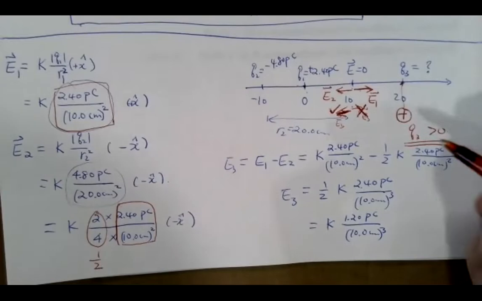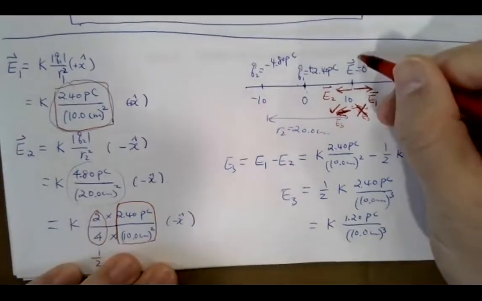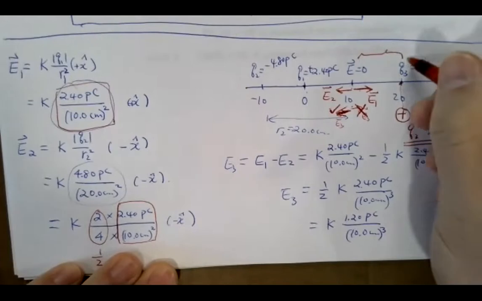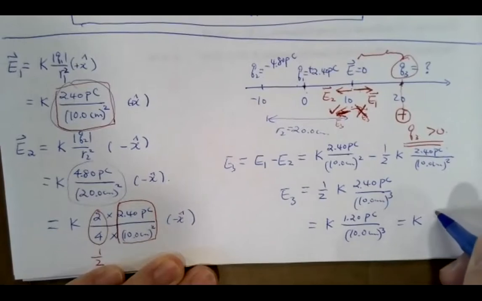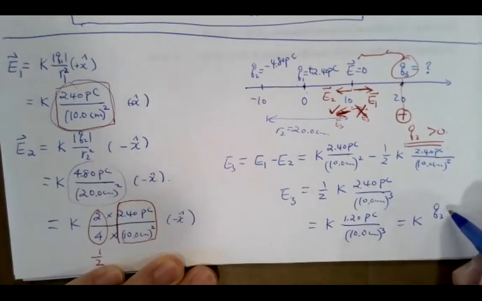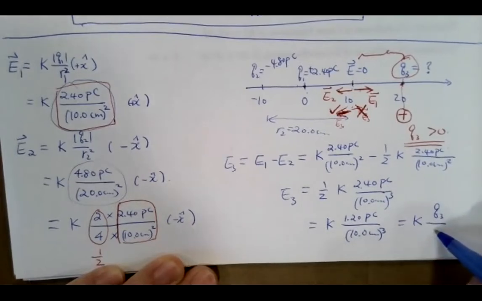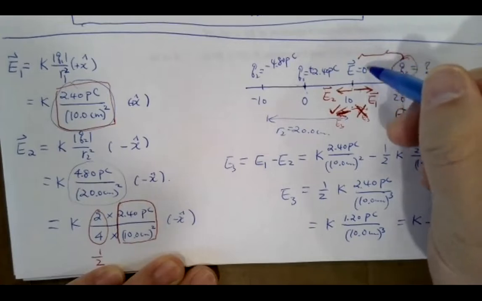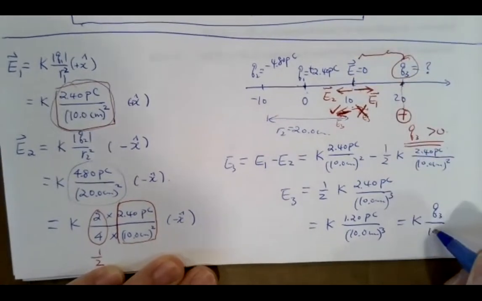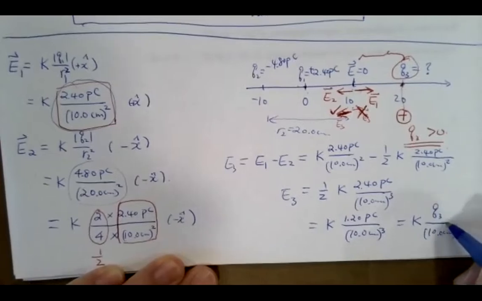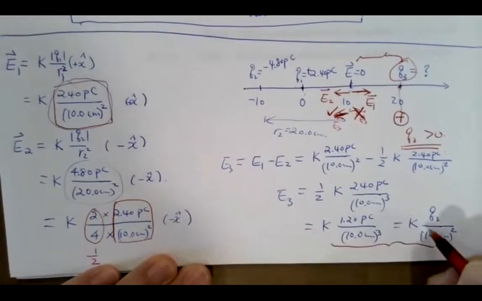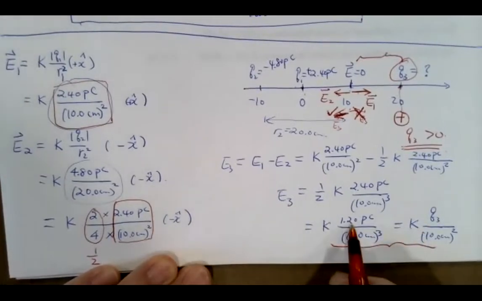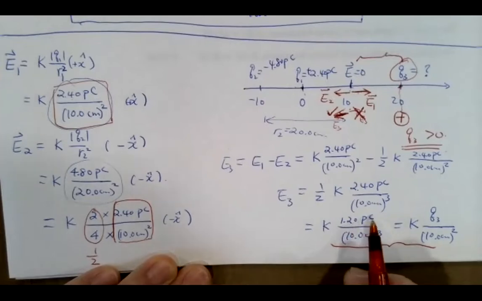Now, for E3, according to the electric field by this point charge Q3, E3 should also be equal to K times the absolute value of Q3, because Q3 is greater than 0 so it's itself, divided by R3 squared, okay? R3 will be this distance from 10 to 20, that's 10 centimeters squared. So you can tell that your Q3 will be equal to 1.2 picocoulomb, right?